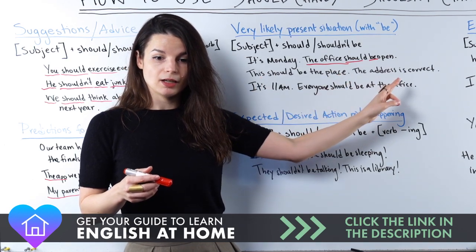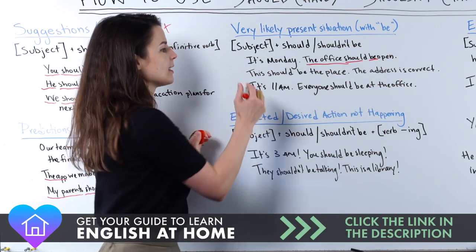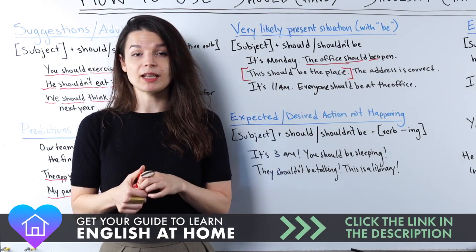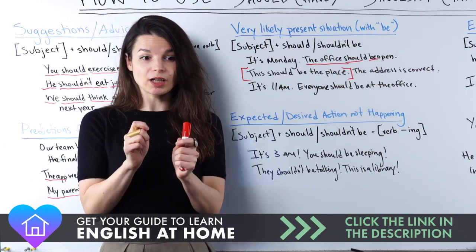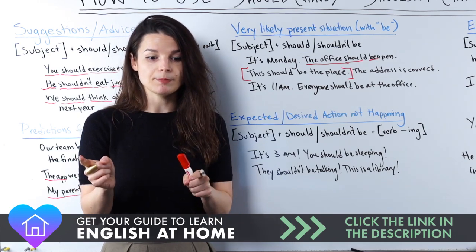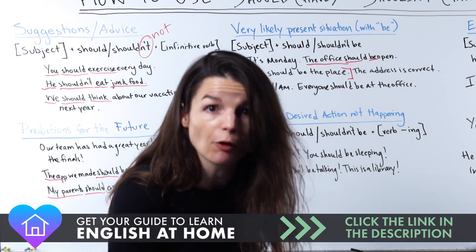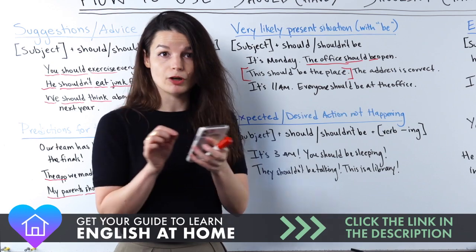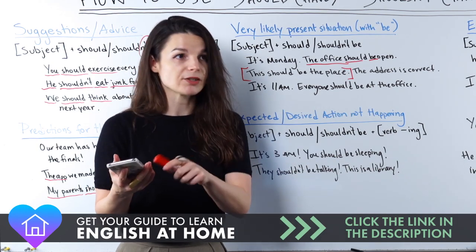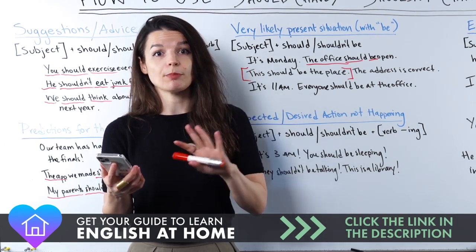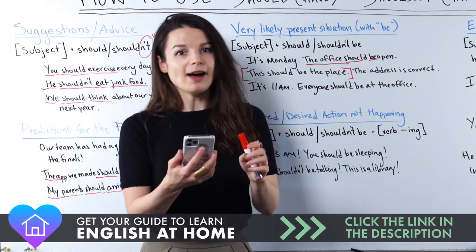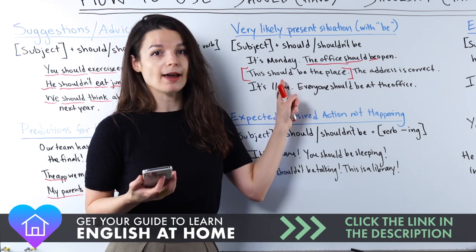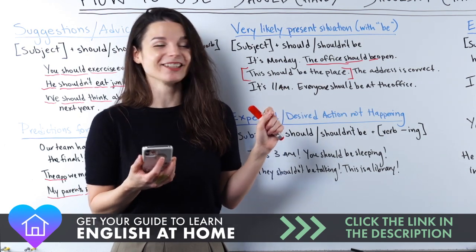I included this example sentence right here because this is a very common expression we use when we're looking for a place for the first time. So if you have your phone, for example, and you're checking the GPS on your phone, you're looking for a new location, like a restaurant or a new building. You've never been there before. You arrive, you check your map, and this is usually what we say when we think we're correct.